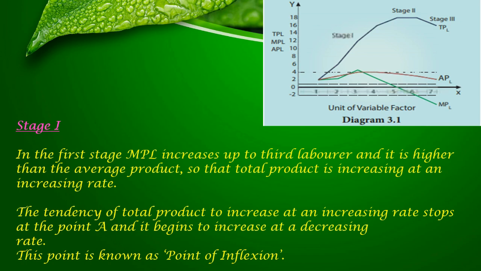It is increasing fast at an increasing rate. The tendency of total product to increase at an increasing rate stops at a point A and it begins to increase at a decreasing rate. This point is called the point of inflection.